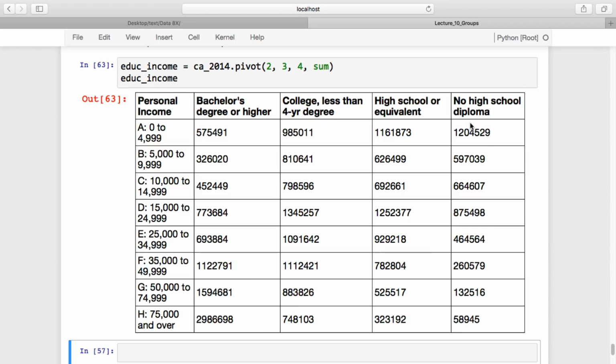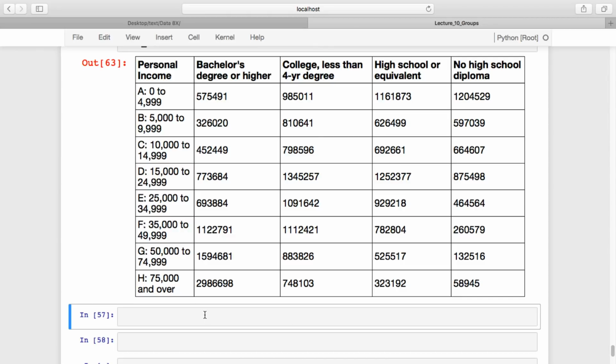And similarly for this column and this column. So what would be really nice would be to have a way of converting this column of counts into percents. That's a straightforward operation, and if you can't quickly think of a Python function that will do that, you now know how to define your own.